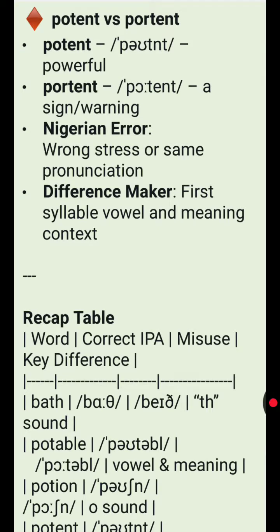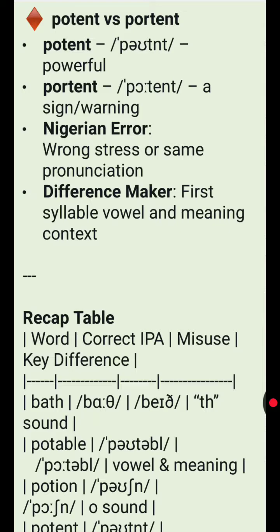So we have the short O sound in potent, while the long O sound is in portent. Note that very clearly.